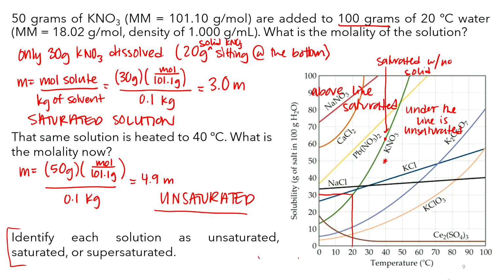And then for a supersaturated, I would have to tell you something specific about how I produced this. Usually that is like, hey, I heated it up to a very high temperature, got a bunch to dissolve, and then slowly cooled it back down and didn't disturb it at all and kept that in solution.